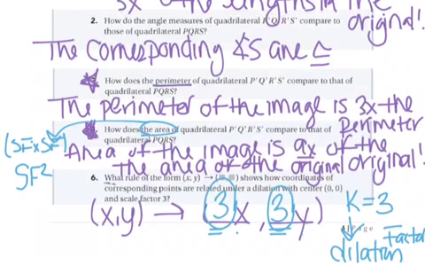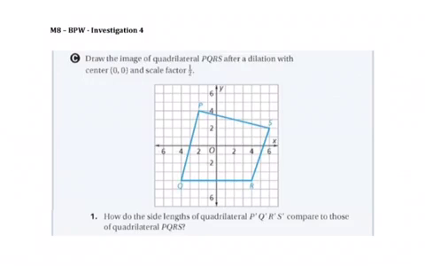Okay, let's turn the page. Here, they want us to dilate PQRS, but this time with a scale factor of 1/2. On the other page, we had a scale factor of 3. Hopefully we remember that if a scale factor is greater than 1, then we are going to make our image bigger.